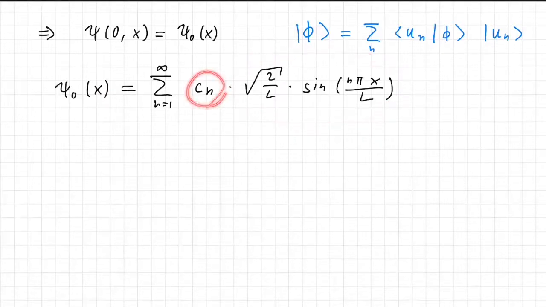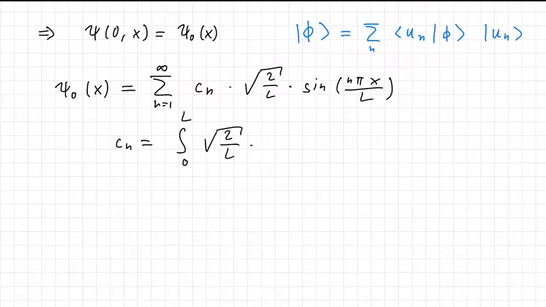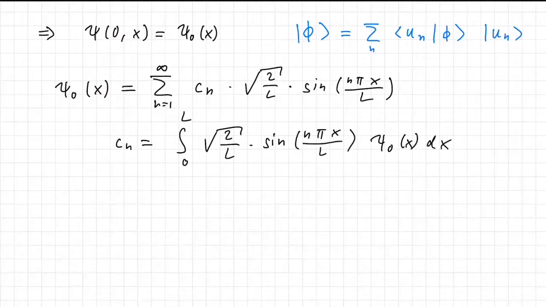And this coefficient Cn is given by the matrix element of the orthonormal basis vector with the state vector itself. So the Cn are now given, in our case, where the scalar product is defined with an integral, as an integral from 0 to L times square root of 2 over L times sine n pi x over L times psi 0 of x dx.